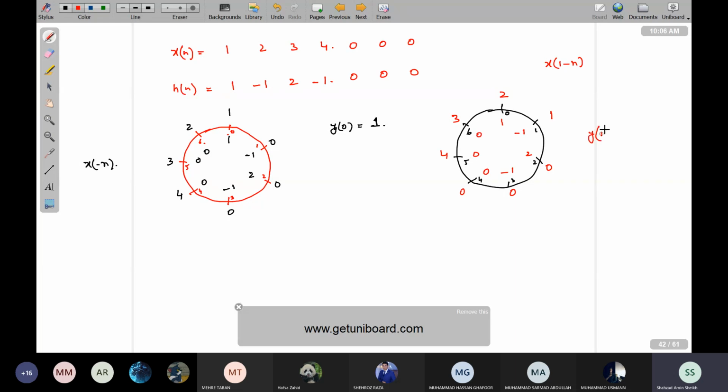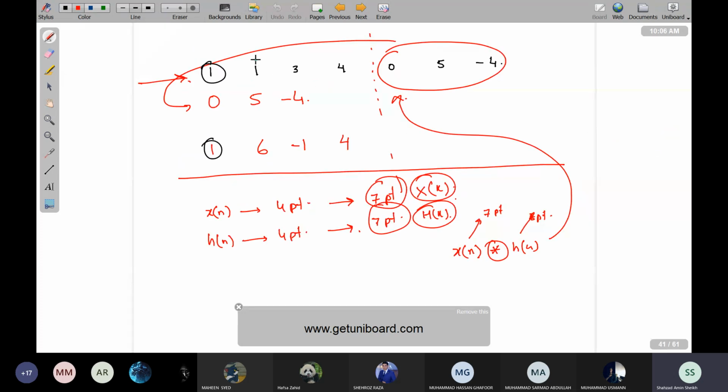Now what is your y of n? That's equal to 1 multiplied by 2, 2, and 1 multiplied by minus 1 is minus 1, so that's equal to 1, because rest of the samples are 0 again. So 2 minus 1 is equal to 1. Now this is your 1.